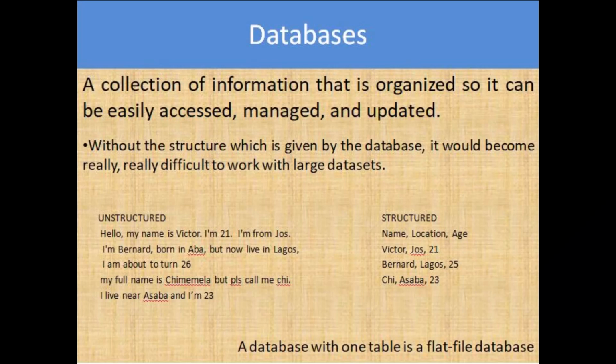This is another example: their name, where they live, their age. So look at this. Hello, my name is Victor. I'm 21. I'm from Jos. I'm Bernard, born in Aba, but now live in Lagos, etc. As a human, you can read that and interpret it and extract things like, okay, this is the name, this is the age, and these are the locations.